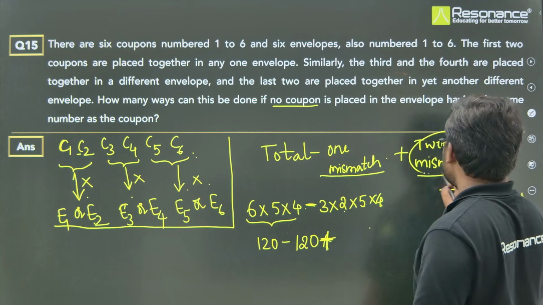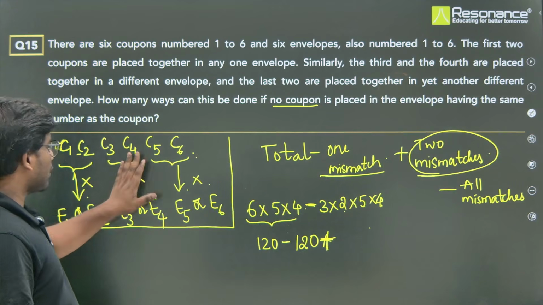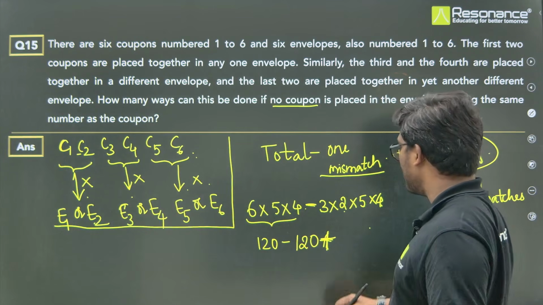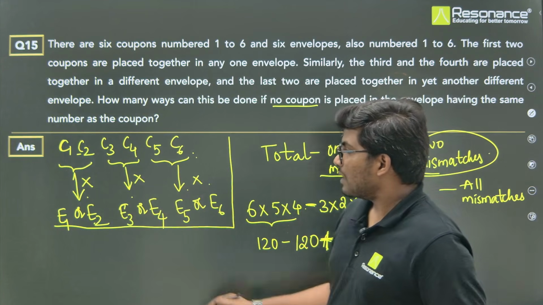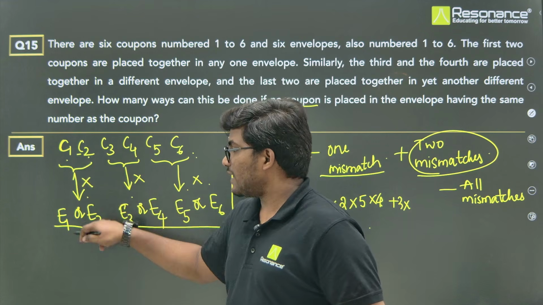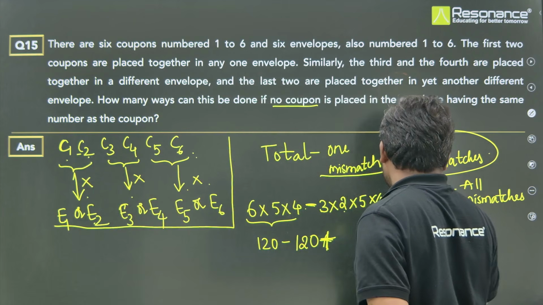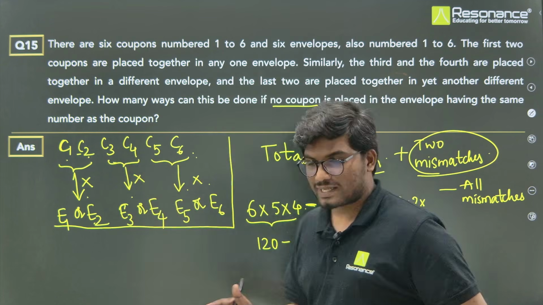Plus 2 mismatches. 2 mismatches as in this goes to either one of these and this goes to either one of these. In that case, again, there will be 3 cases. So 3 times C1 and C2 going to E1 or E2. There are only 2 ways, E1 or E2. So 2. C3 and C4 going to E3 or E4, 2 ways again.